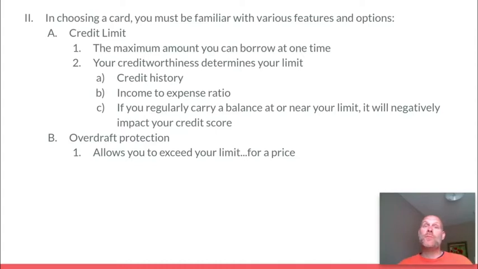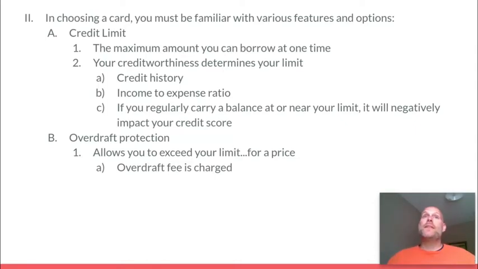You will get charged, but you won't get declined. You won't go to a store, and if you have a $500 limit and their purchase puts you at $517, it depends on how you set it up. If you have overdraft protection, it's going to let you do that, but it's going to charge you. Your overdraft fee is going to be charged, but your credit card will still work.